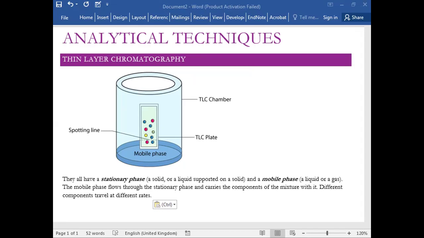Liquid or solid or gas? It is written in front of you, students. Solid or liquid supported on a solid. So this is common for all kinds of thin layer chromatographies. Is this clear?